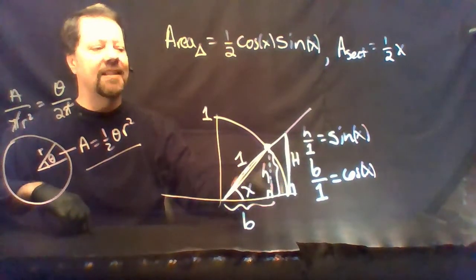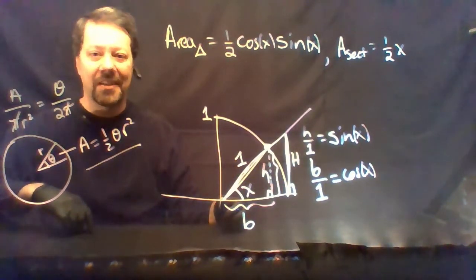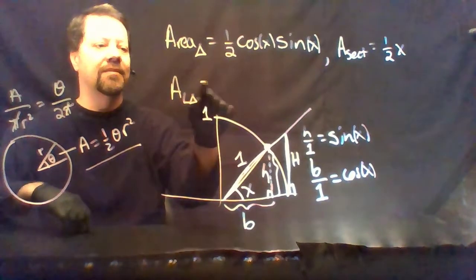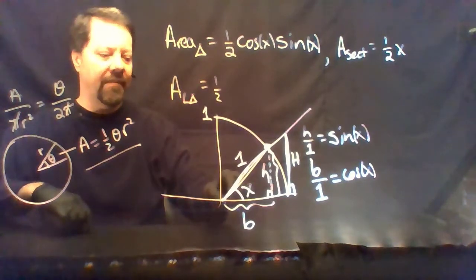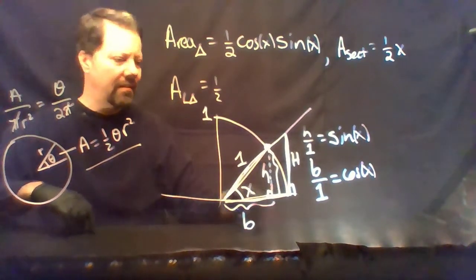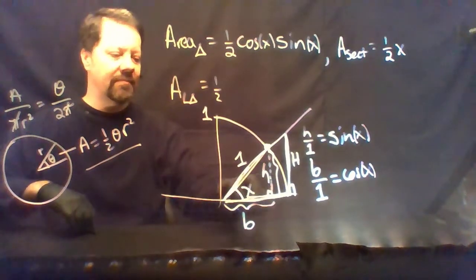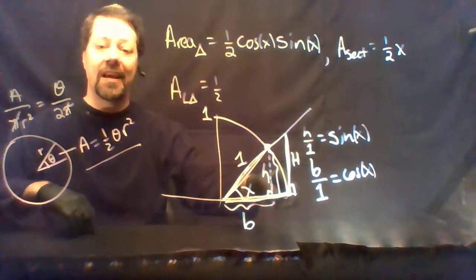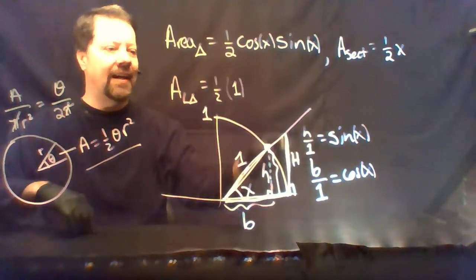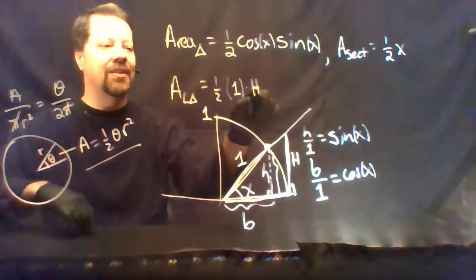Let's label its height as capital H. The area of the large triangle will be 1/2 the base. The base of the large triangle is 1. It's all the way out to the edge of the circle. And the height is going to be big H.